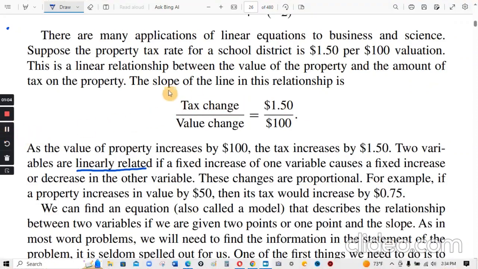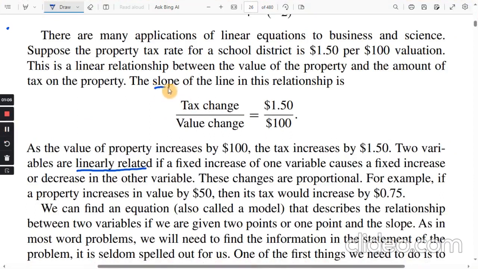All right, so they said this is basically slope. So this numerator would be the change in y, and the denominator would be the change in x. So, of course, the y variable is the tax change, and the x variable is the value change.